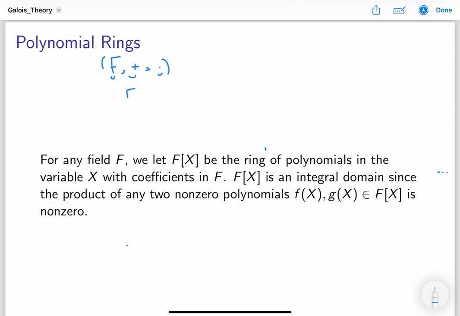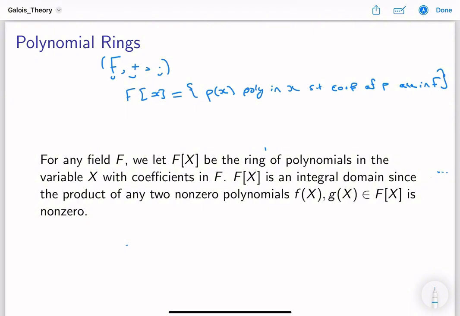What we do is that we consider the set F adjoint x. F adjoint x is going to be the set of all polynomials, so p of x, a polynomial in x, such that the coefficients of p are in F. So this is the definition of F adjoint x as a set.